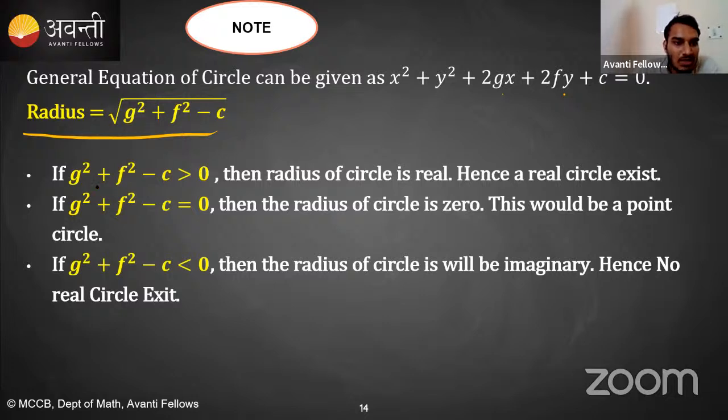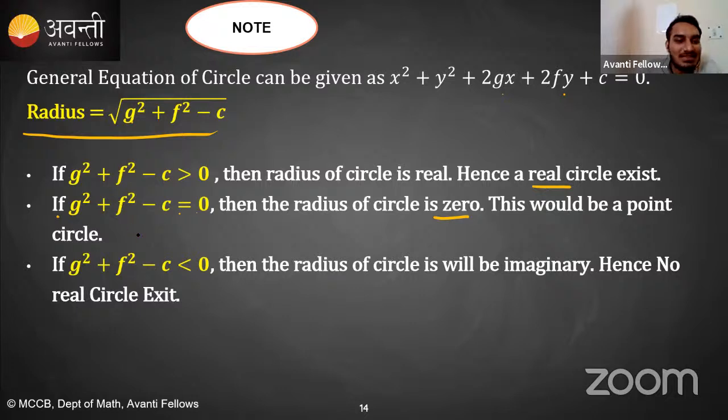So if g square plus f square minus c is greater than 0, then the radius is real, like root 3 or root 5, and the circle is real. Similarly, if g square plus f square minus c is equal to 0, then the radius is 0, so it is a point circle.